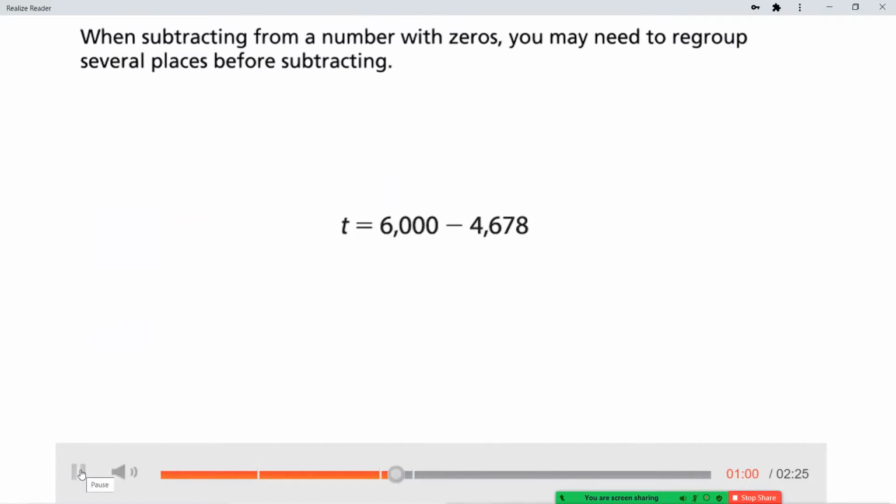When subtracting from a number with zeros, you may need to regroup several places before subtracting.